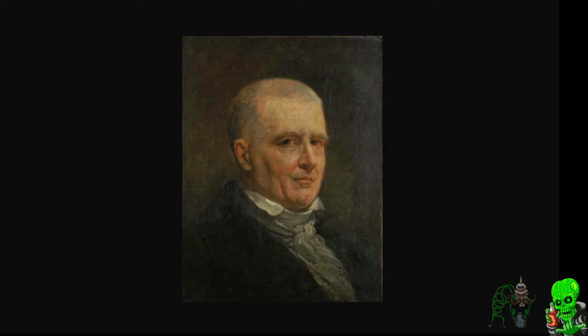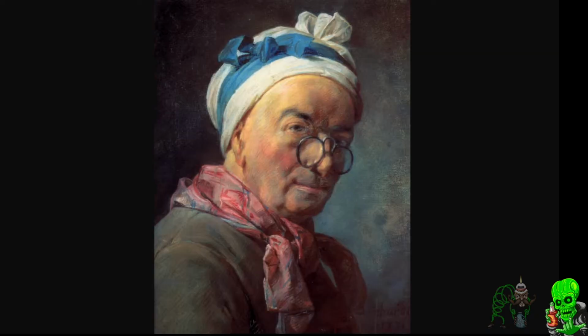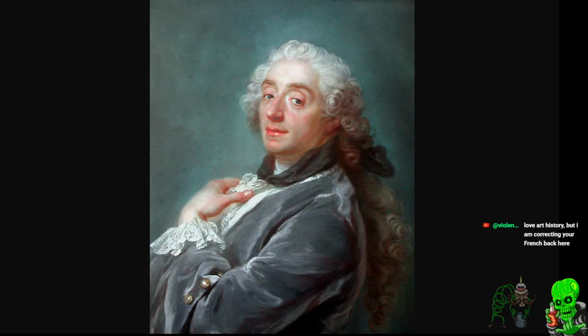So his first artistic instruction came from Jean-Siméon Chardin, who's this gentleman here. This is a self-portrait he did in pastel, which I think is phenomenal, but it looks incredibly French. Chardin was best known for his still life paintings, but Fragonard's apprenticeship only lasted about 6 months before moving into the orbit of François Boucher, who was a well-known Rococo painter at the time.